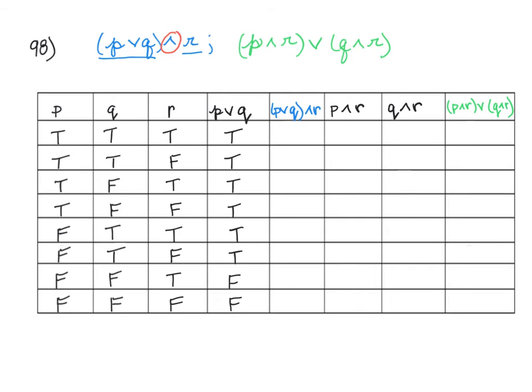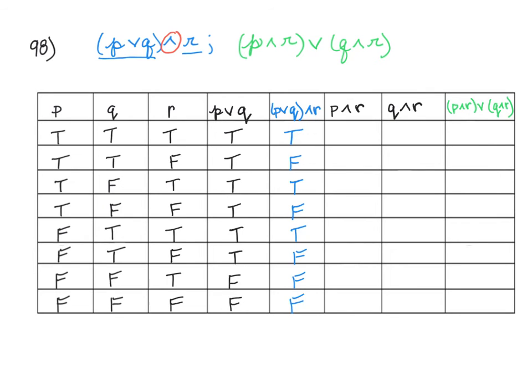So P or Q and R, it looks like the first one I can say is true. The next one, though, is going to be false because this is an and statement. The next one is true, and then false, and then true, and then false, and then false, and the last one is also false. So there is the makeup for that first statement. It goes true, false, true, false, true, false, false, false.